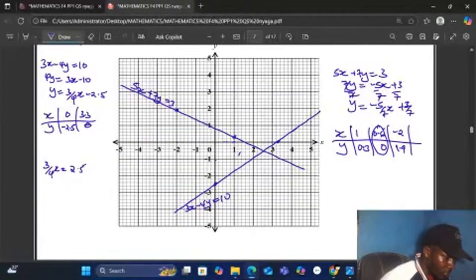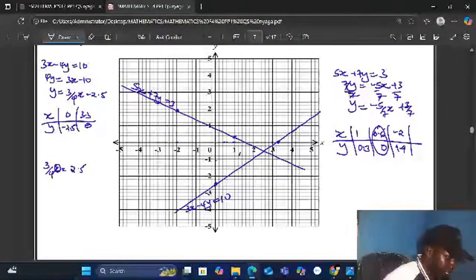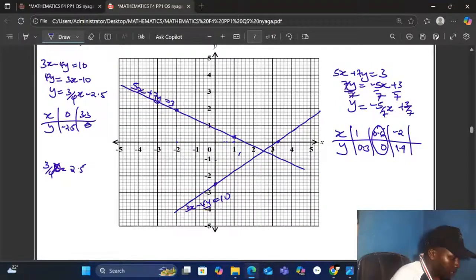We have y as 0. Now we can replace our y with 0, so that we have 3 over 4 x.